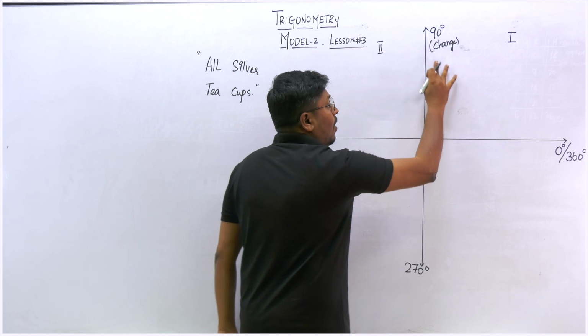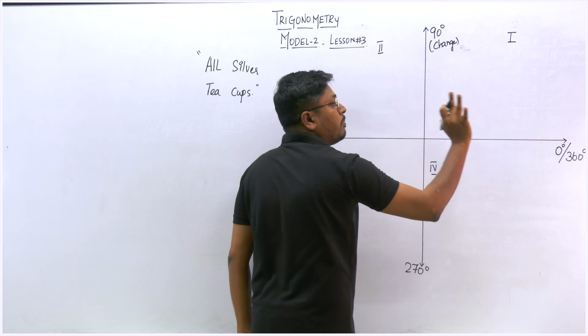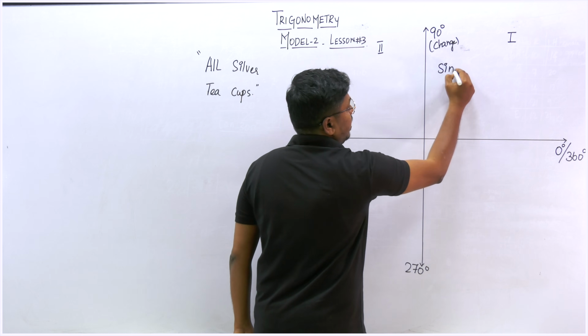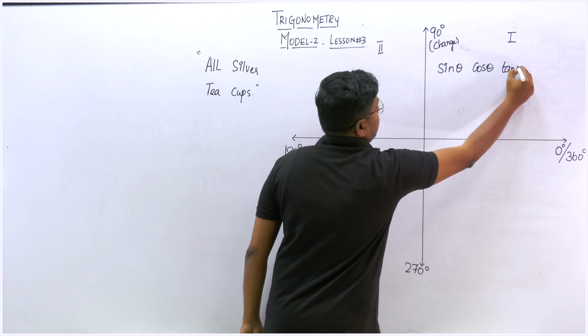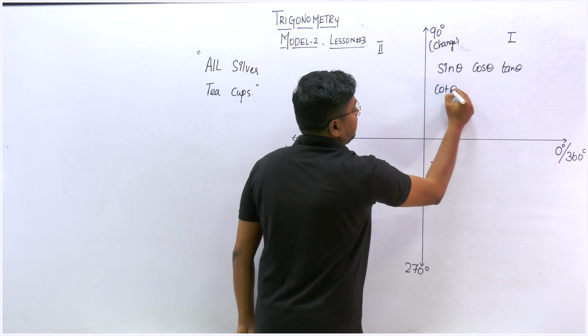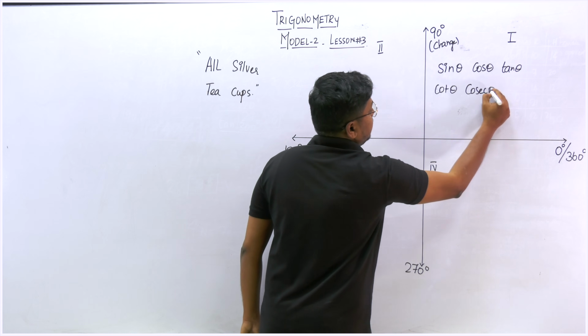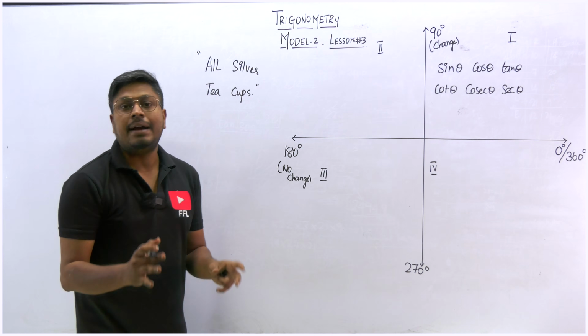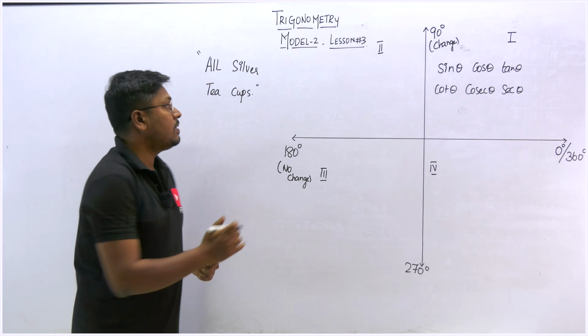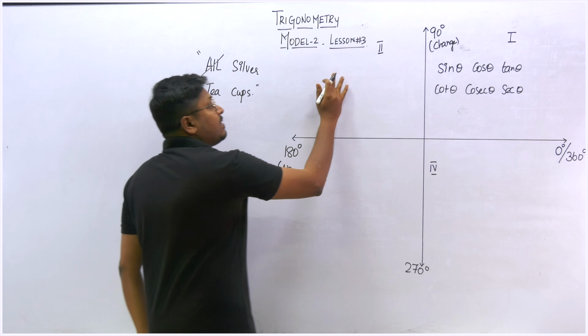All means all the trigonometrical ratios are positive. So sine theta, cos theta, tan theta, cot theta, cosecant theta, secant theta. All of them are positive. So this is called all. Next will be silver.